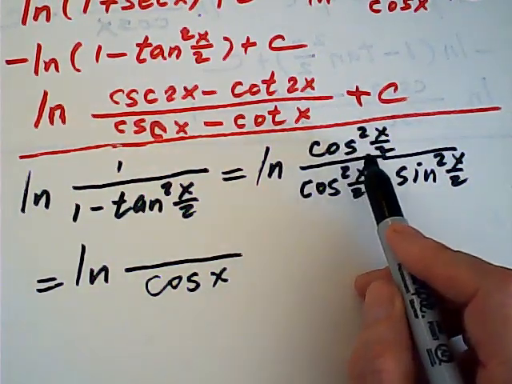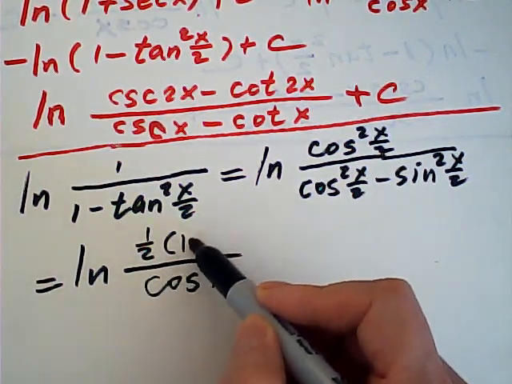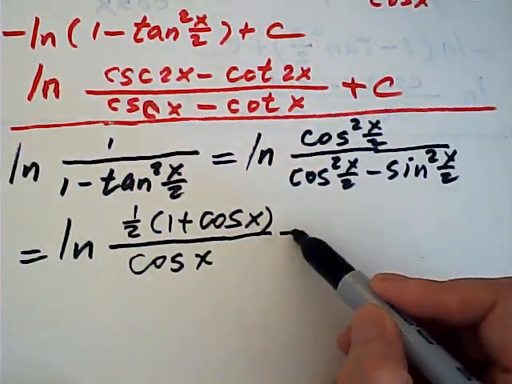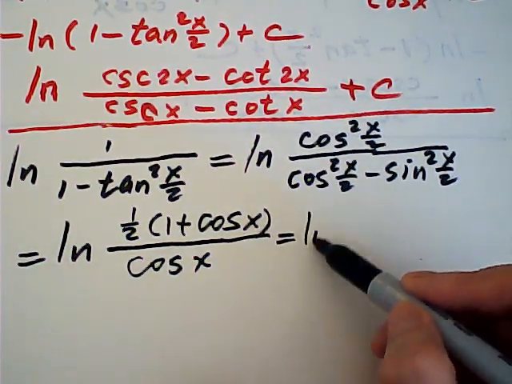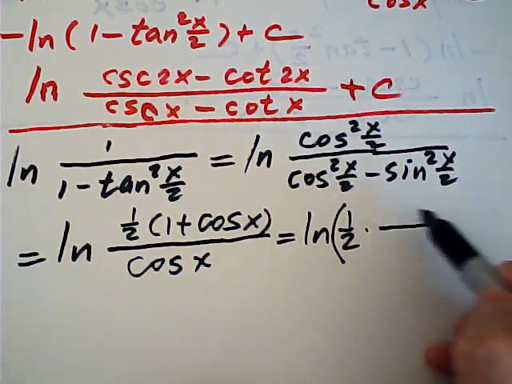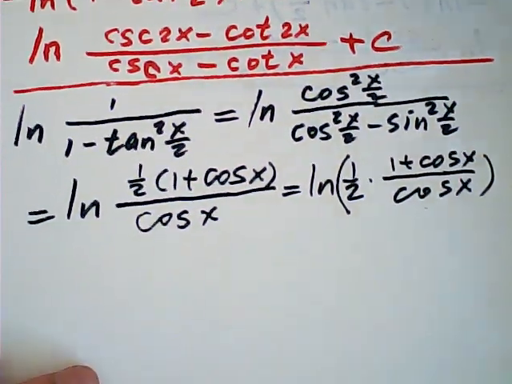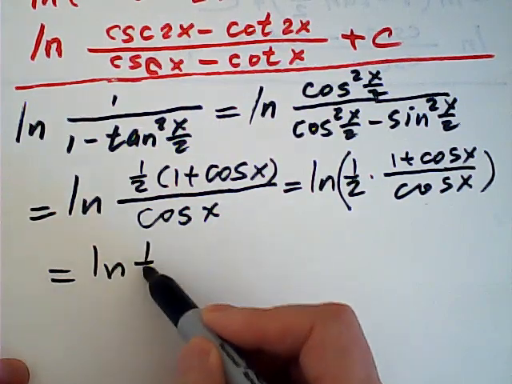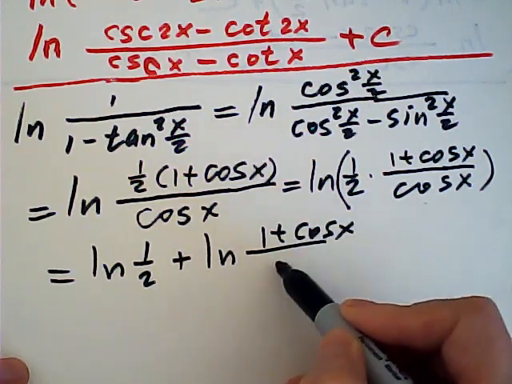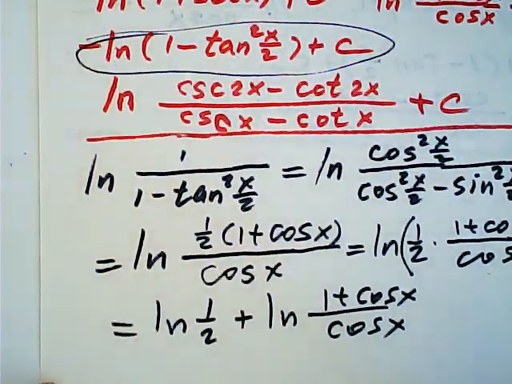This one is equal to 1/2 times 1 plus cosine x. So this one is equal to natural log of 1/2 times 1 plus cosine x over cosine x. So this one is equal to natural log 1/2 plus natural log of 1 plus cosine x over cosine x. That means this one is this.